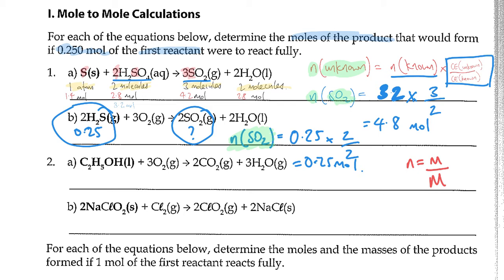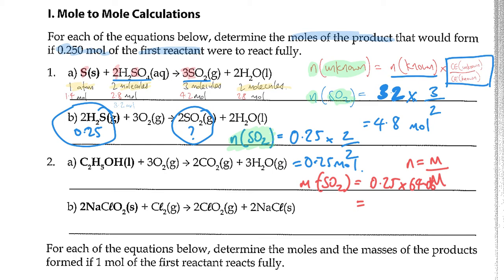If I want to find the mass of SO2, it would be the number of moles, 0.25, times the molar mass of SO2, which is 64 and a bit. 0.6. Okay? And that would be the mass of the SO2 there.